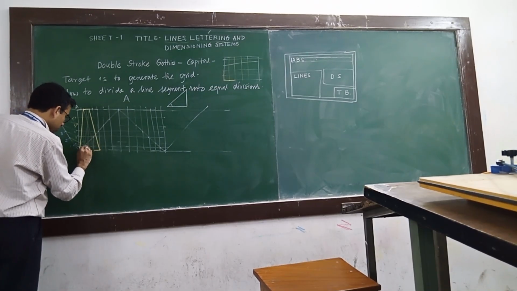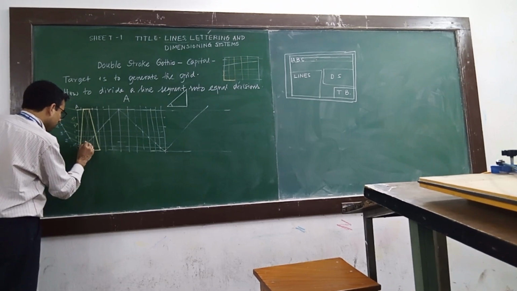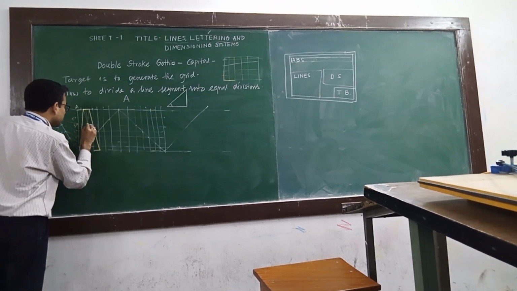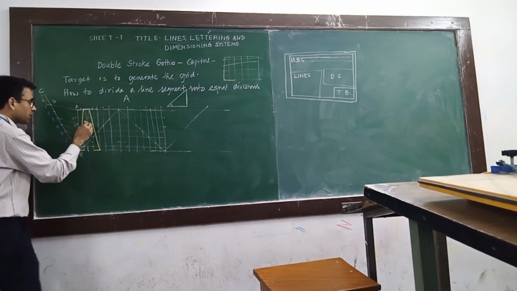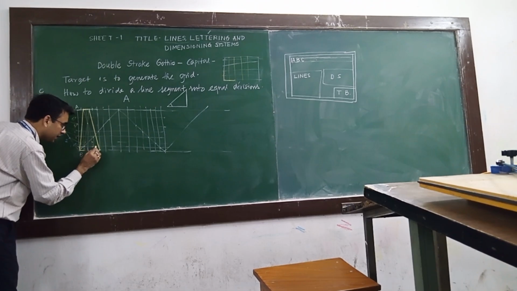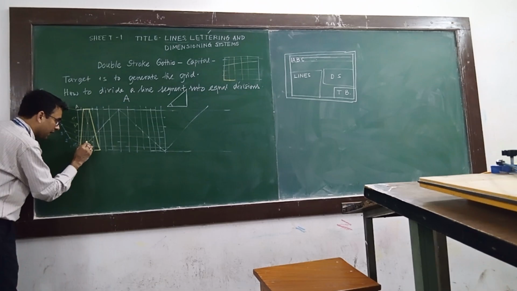Next, one unit. Here you will mark the end point, and here, and here, and here. And here you will mark the point of intersection, between the front line and the second line, and between this line and the second line, and the front line and the third line.